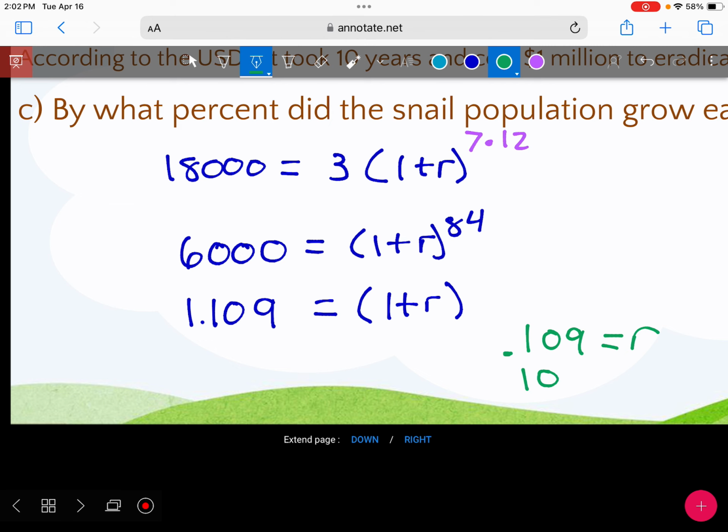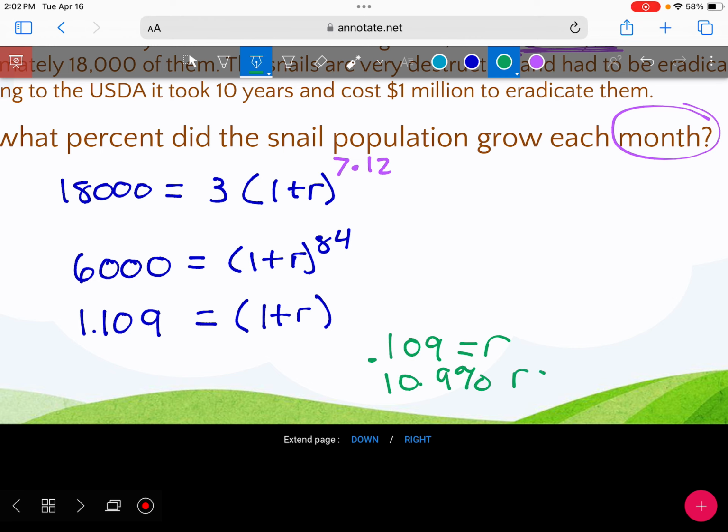Scooch it over twice. 10.9% each month. So these snails increase in population by 10.9%. Which seems like not too much, but then again, also a lot. Because it grows by like, what was it, 200% a year?